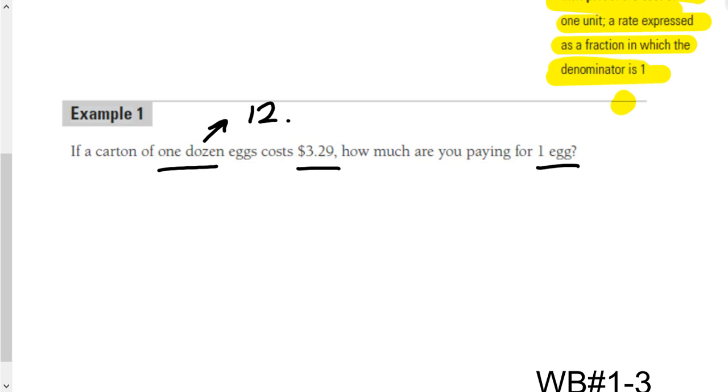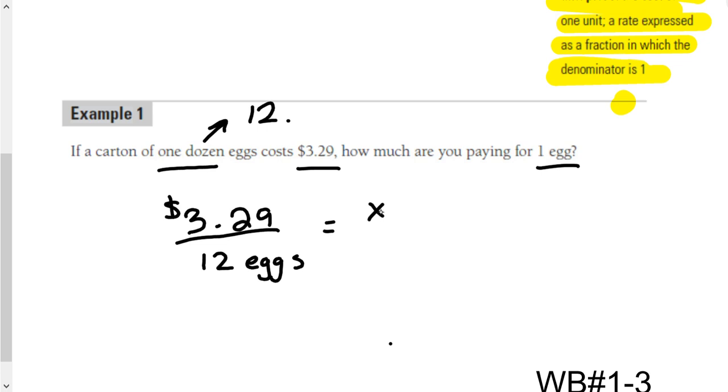Because the question is set up so that we want to know how much we're paying for 1 egg, we need to write it down like this: $3.29 per 12 eggs is equal to x over 1 egg. So we can solve this using a proportion, which we are very comfortable with from prior class.